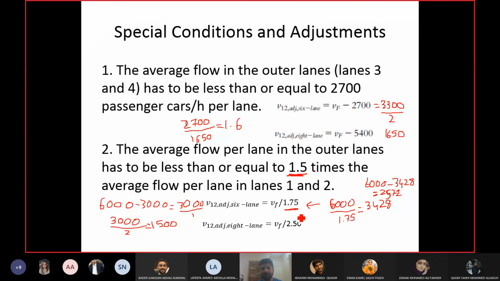But if I take the values using this approach, then my adjacent lane volume is 3,428, and the remaining will be less than 2,700. So I'm fulfilling both conditions. This is how you have to check. You will apply both the checks.